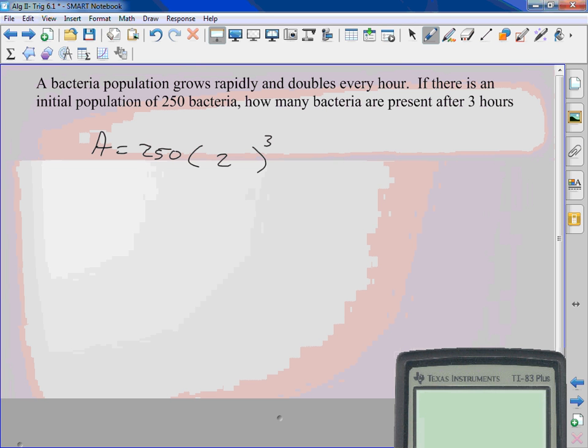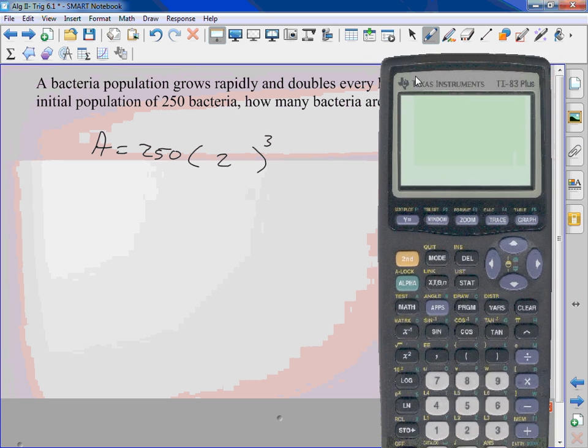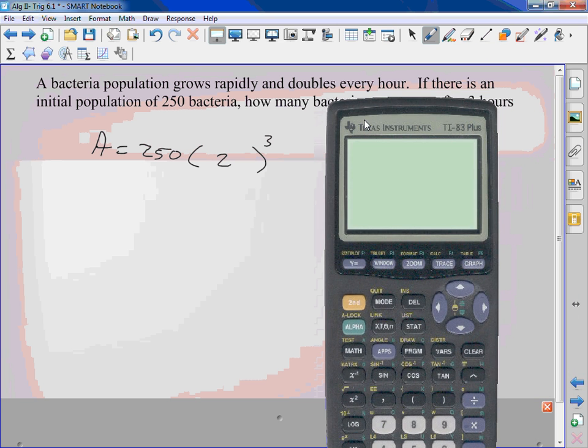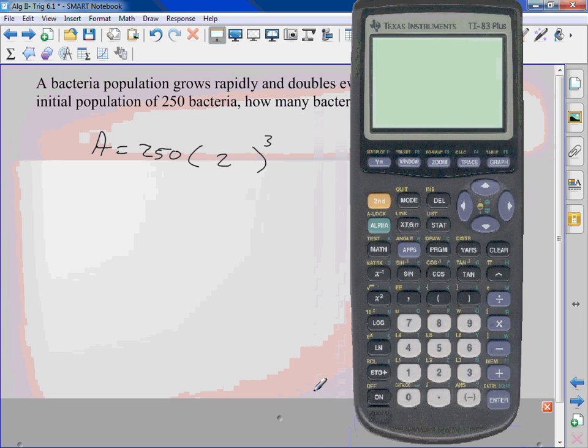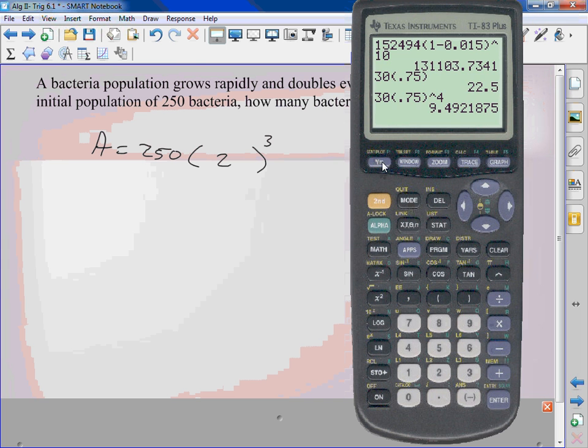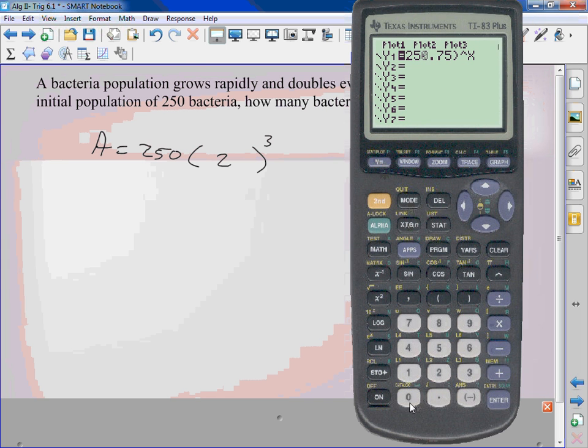1 plus 1 is 2. You're doubling it. 1 plus 1 is 2. Just like if I was tripling it, it'd be 1 plus 1 plus 1, which is 3. So all I do is I can even use the calculator again on the graph. 250, 2 to the x. Well, I'm using the table. Second table. All right.